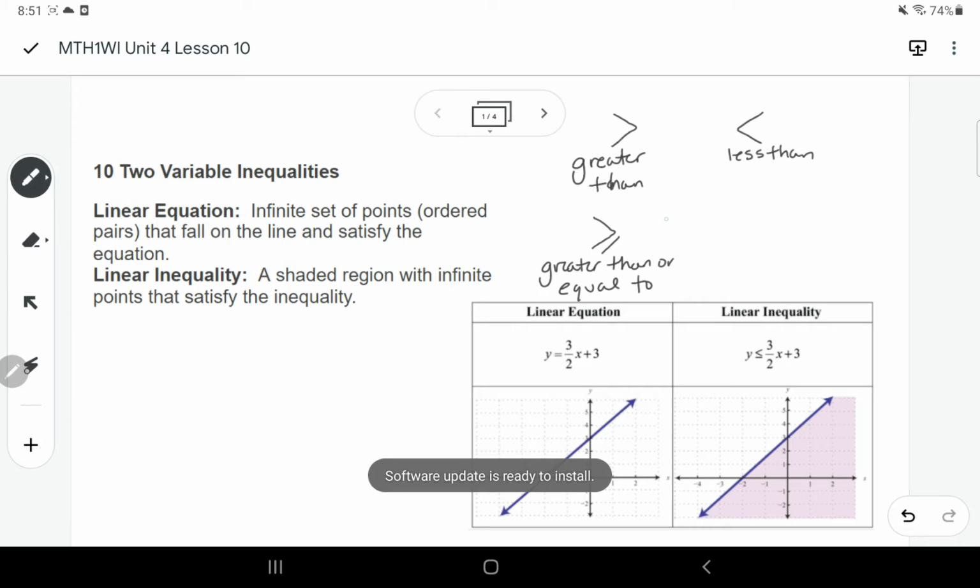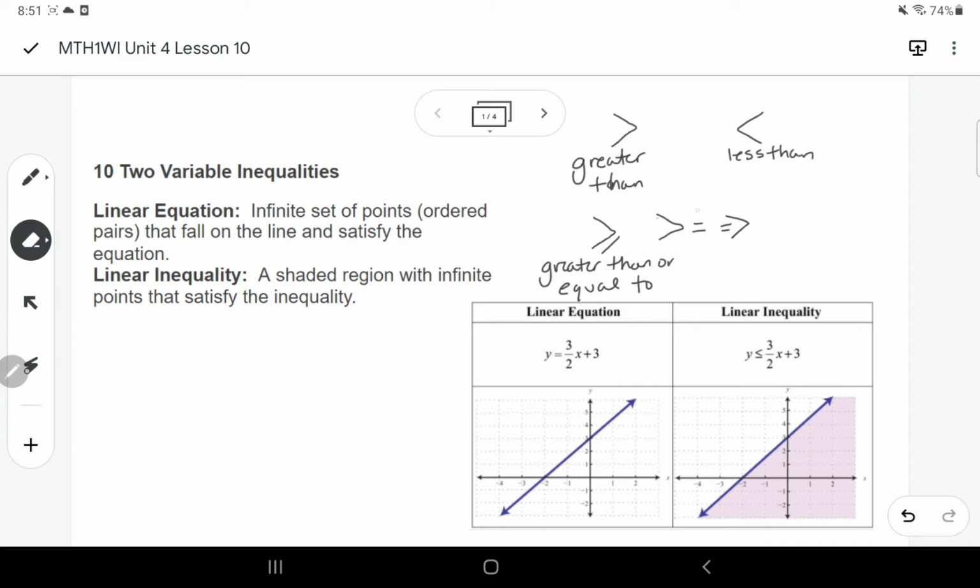But sometimes that can be written like this or with an equal sign there. It sort of depends on the font that different books or worksheets may have used. And then this one here, we'll put a line underneath that means less than or equal to.